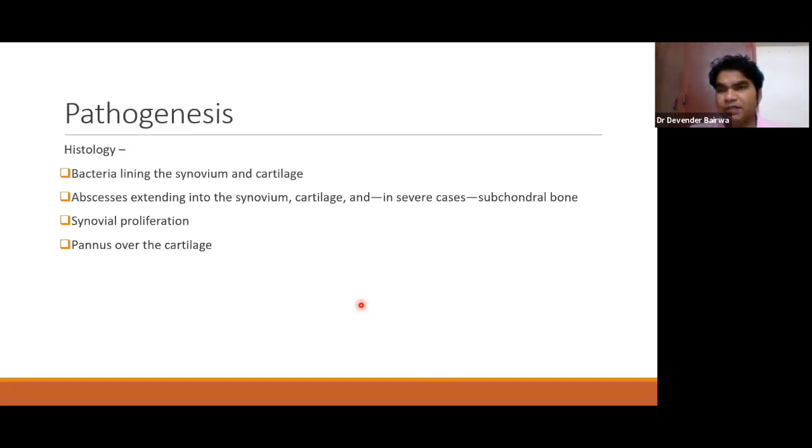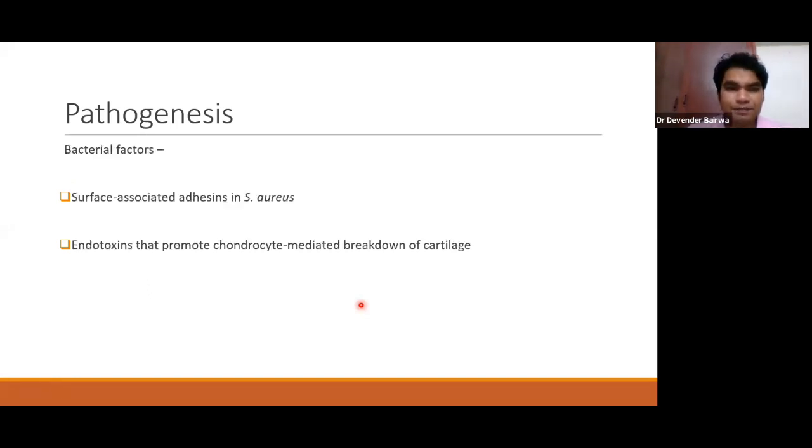Pannus is an inflammatory mass composed of inflamed synovium along with infiltrated cells like neutrophils, lymphocytes, plasma cells, along with fibrin. Then, because of the local procoagulant state, there will be thrombosis of inflamed synovial vessels.